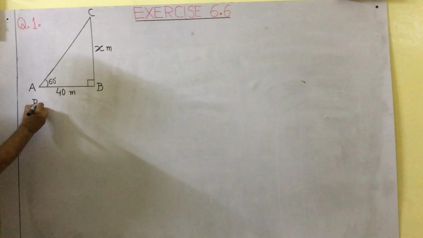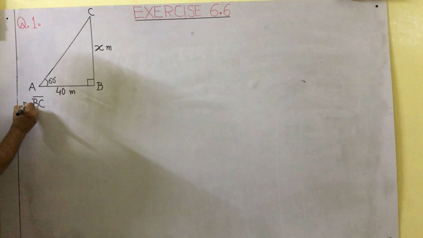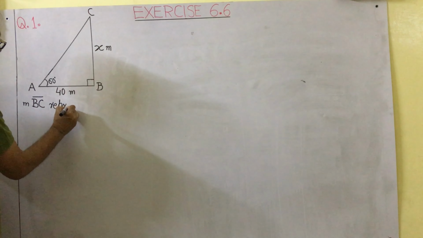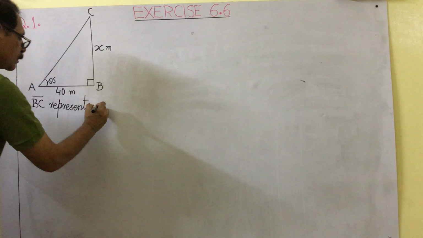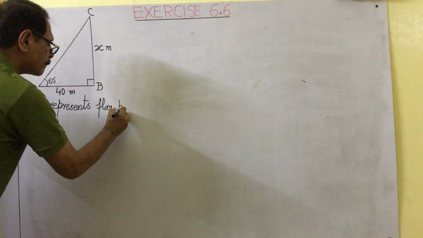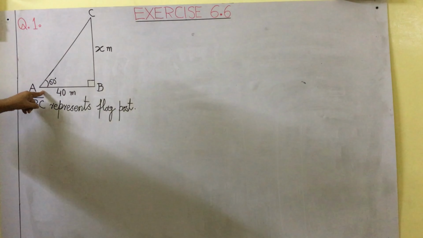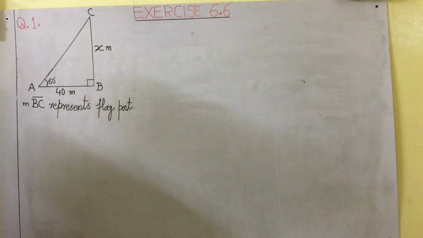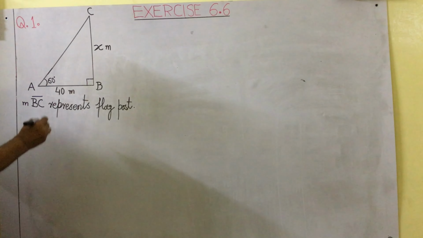BC represents the flag post. A is the point which is 40 meters away from the flag post, and the angle of elevation is 60 degrees.